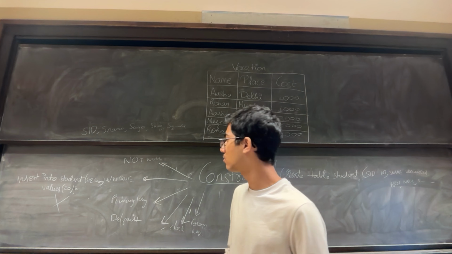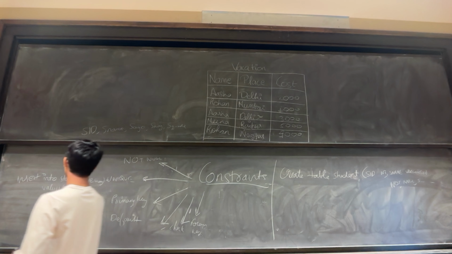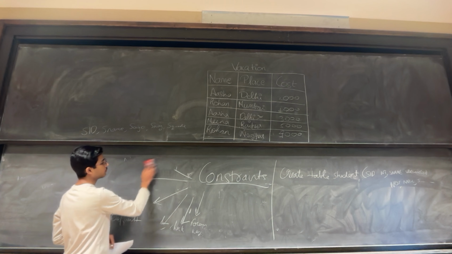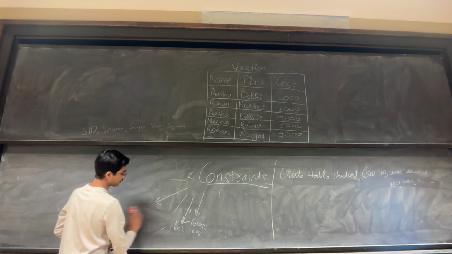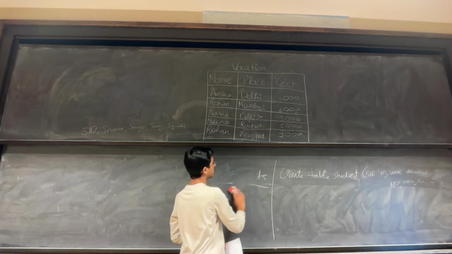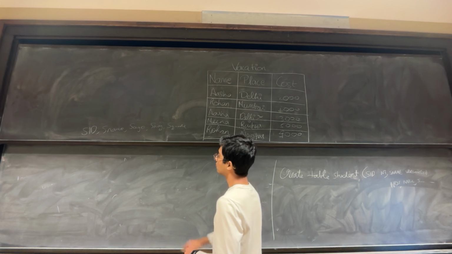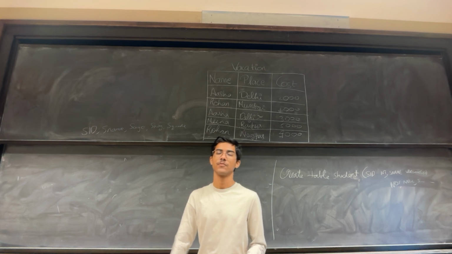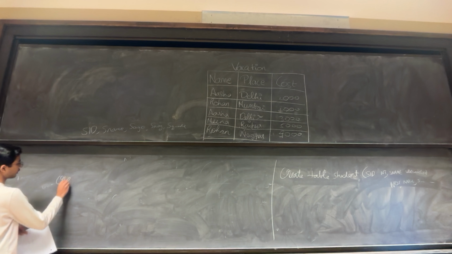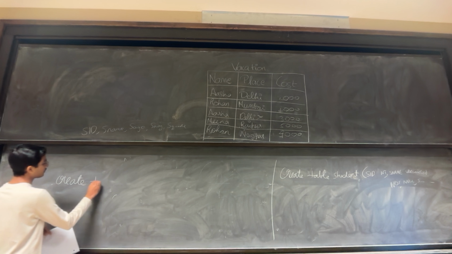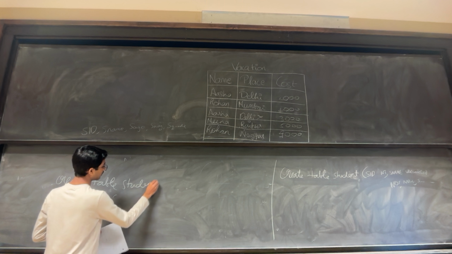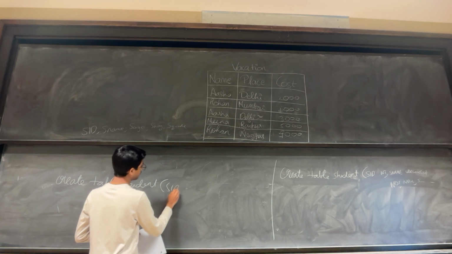So let's see how we can do that. Let's say I want my student ID to be unique. Okay, so the way I can do that is by saying create table student, SID.